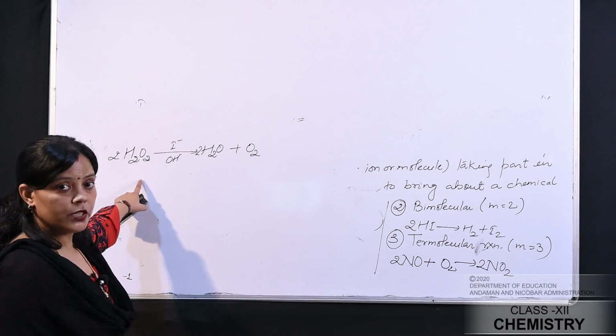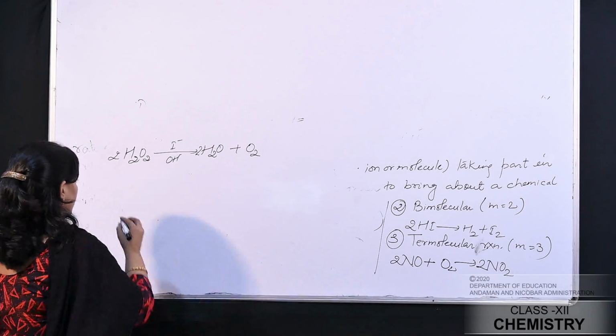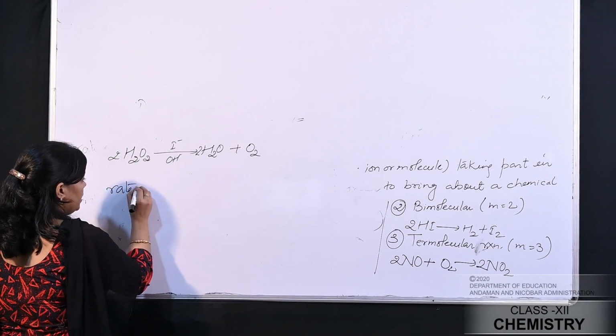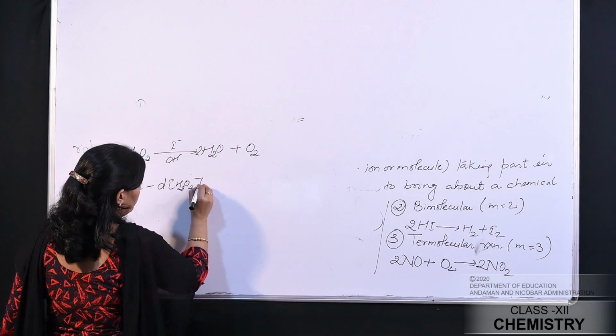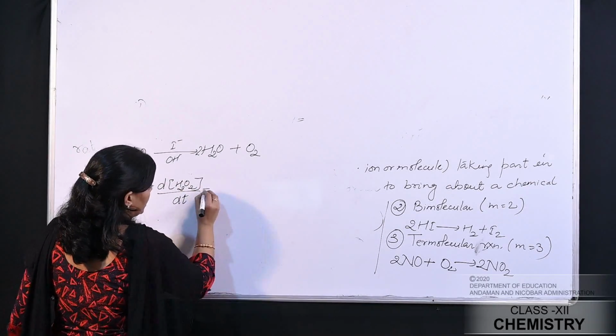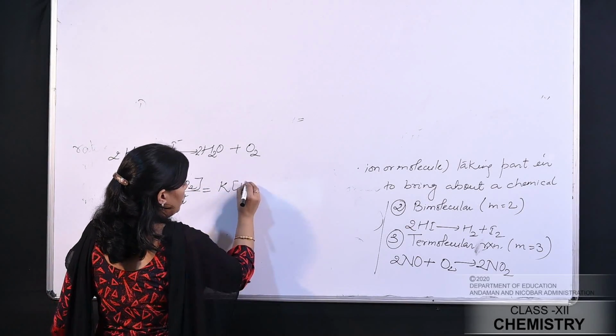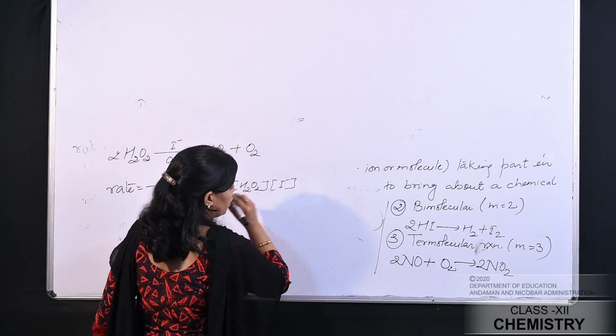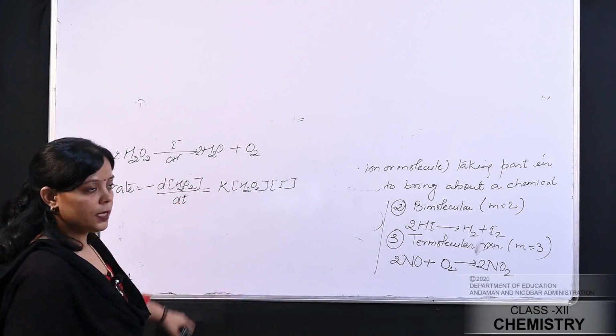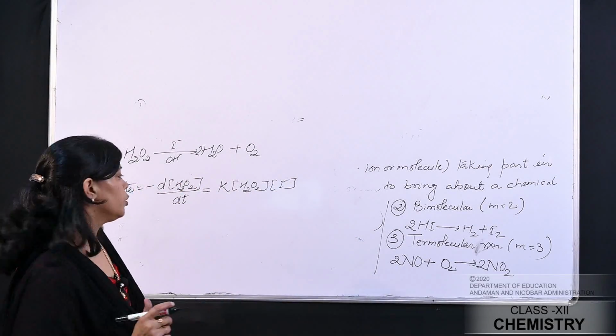This is the reaction, and the rate expression is written as minus d[H2O2]/dt, and the rate law is k [H2O2] to the power 1 and [I negative] also to the power 1. The evidence suggests that this reaction proceeds in 2 steps.